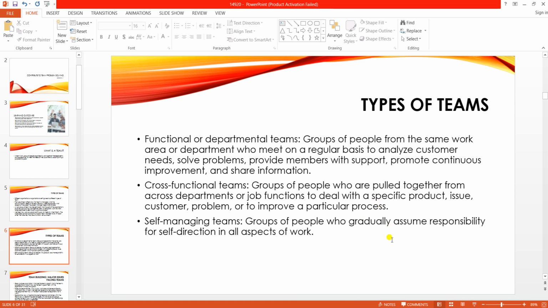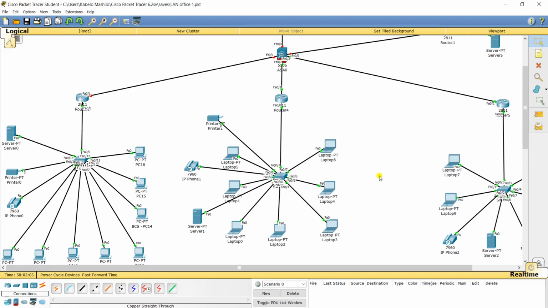So let's say for instance, we've got the security team and the networking team. In this instance, both teams will work together, because now we would need their expertise. For instance, let's have an example of how we've managed to create our LAN. So in this instance, we have managed to create LAN 1, and everything has been configured accordingly by the networking team.